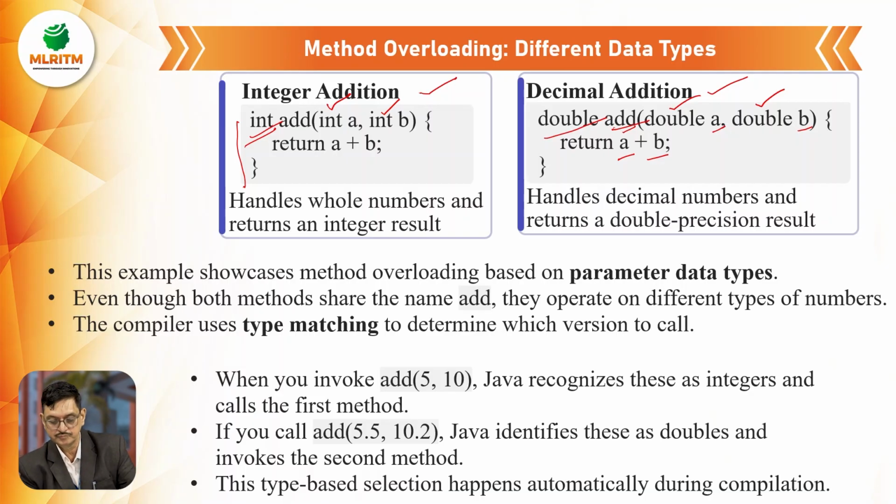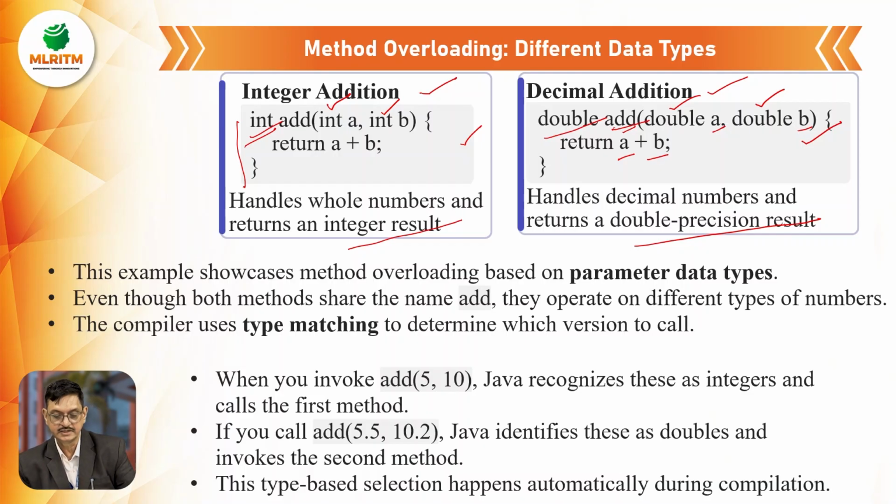So in the first case, we are getting only an integer as a result. In the second case, we are getting decimal values as the result, so that means a double precision result. Initially, we had only the integer version.